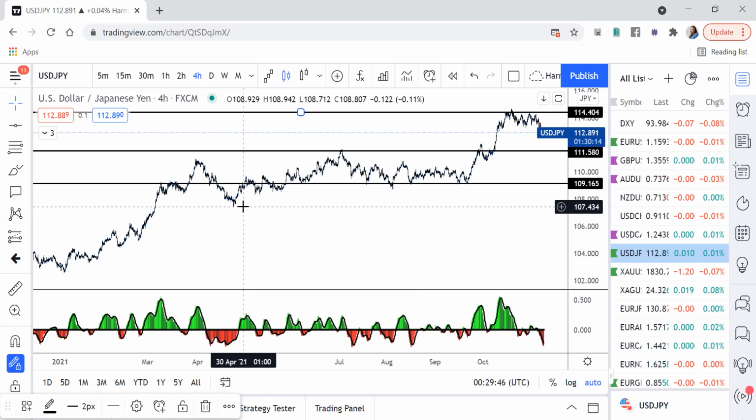Did it break to the upside or did it break to the downside? Because if it broke to the upside, then I am looking for the retest so that I can go. Right? And if it's to the downside, I'm looking for the retest so that I can go. Right? So you want to remember that the market repeats this cycle over and over and over again.